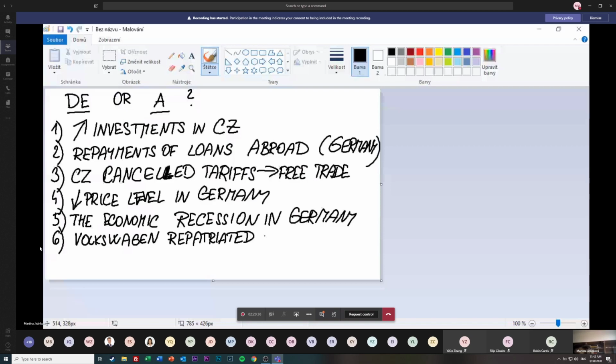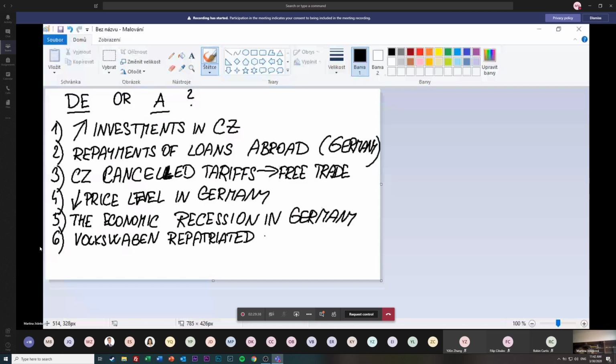So there is the capital inflow and they are demanding Czech crowns. There is increasing demand in Czech crowns, so the currency will be appreciating.